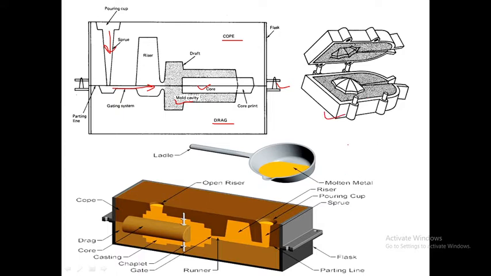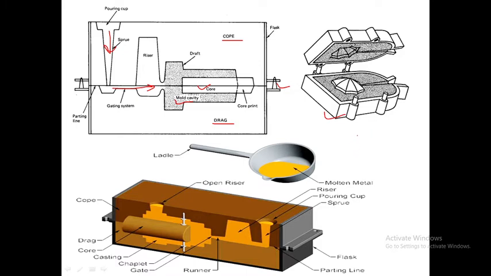Okay, so what happens normally in Ganpati, how it is prepared, as all of you are aware. In the Ganpati statue, a cavity is prepared, and the plaster of Paris is poured into that cavity.